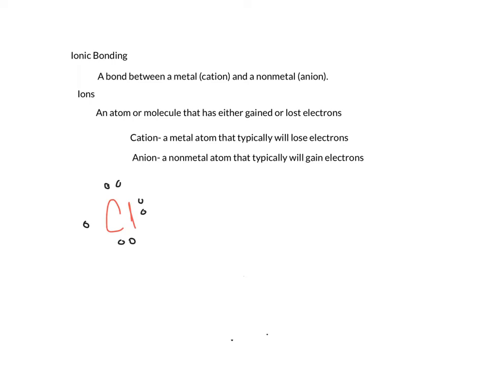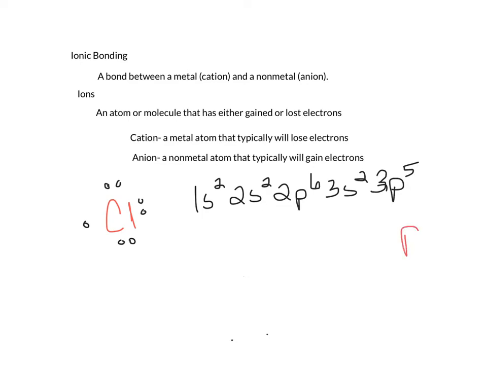Chlorine's electron configuration is 1s2, 2s2, 2p6, 3s2, 3p5. Ideally, all elements want to reach the p6 position.